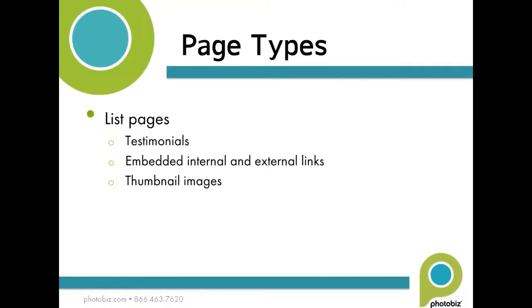It can work as embedded links, so that's video content or widgets you'd like to embed. External links, meaning linking to other websites, whether they're your own or to businesses that complement your business. And all of these can have thumbnail images added. So if you want to use, say, a logo for a link to another company or a picture of your happy customers alongside their testimonial, you can.